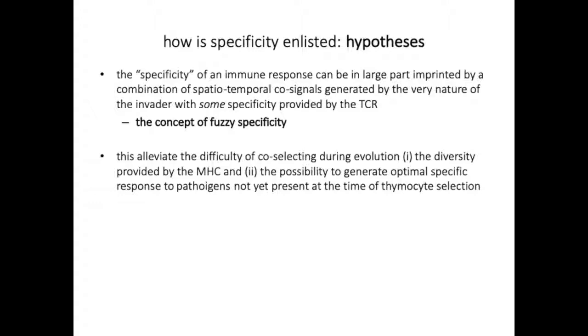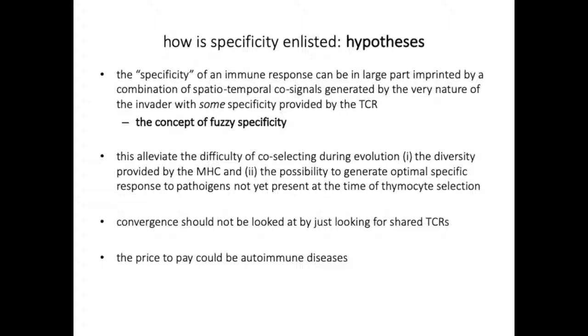I think that when we look at convergence in the immune response, as was discussed this morning, we should not just look for shared TCRs, but something a bit broader.